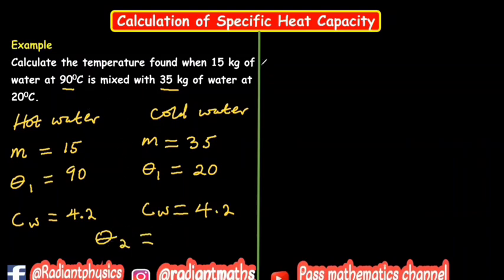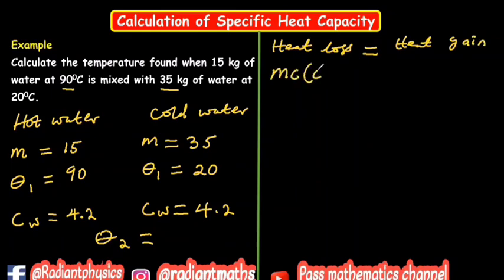So to do that, let's apply our equation. Remember that heat loss is equal to heat gain. So we have our equation as this minus this, equal to heat gain.